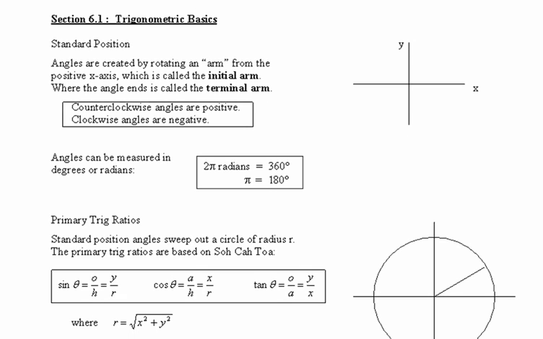So standard position. Angles are created by an arm from the positive x-axis. So we're always starting from here, right? Here's our 0 degrees or 0 radians. That's where we're starting. And then we move in what direction? Counterclockwise, right?